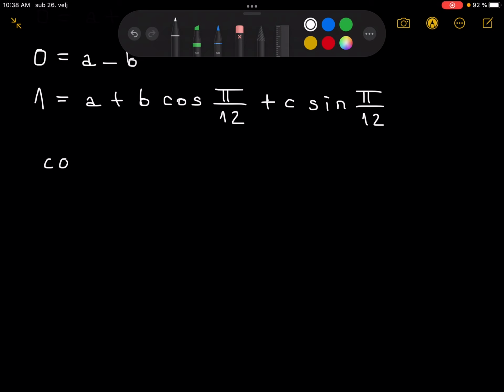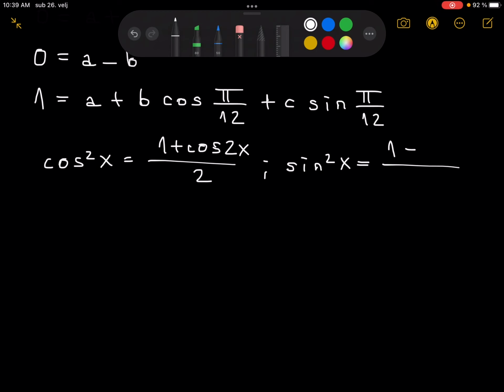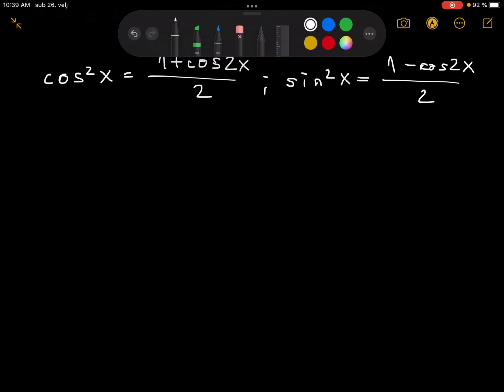It's known that cosine squared of x is equal to 1 plus cosine of 2x and everything over 2. And it's also known that sine squared of x is equal to 1 minus the cosine of 2x and everything over 2. Now let's put in a substitution right here. Let's say that 2x is equal to some parameter t.